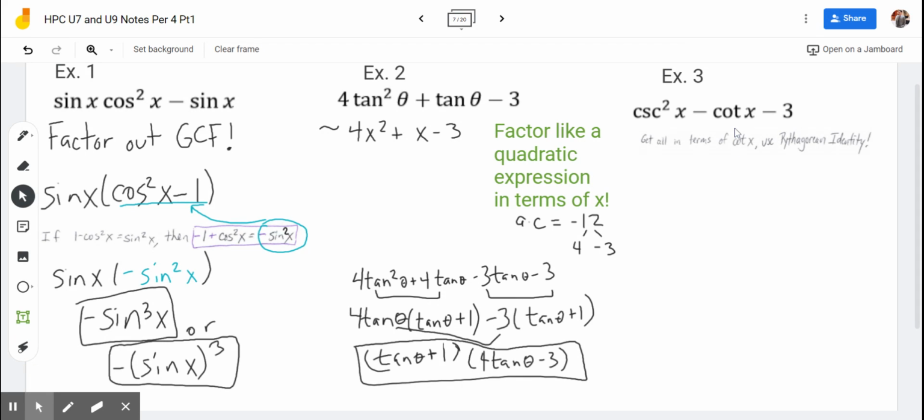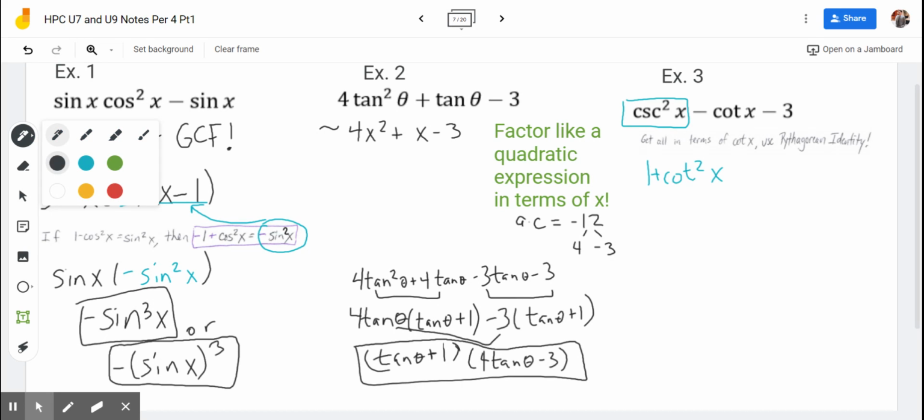Looking at our reference sheet, cosecant squared of x we can rewrite as 1 plus cotan squared x. And then we'll keep the other terms the same, minus cotan x minus 3.